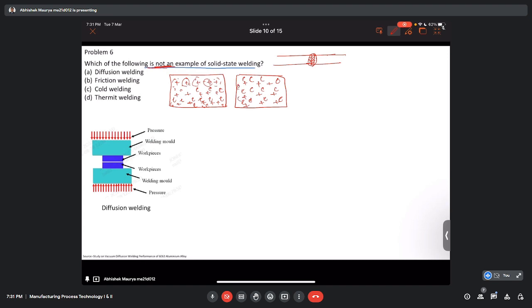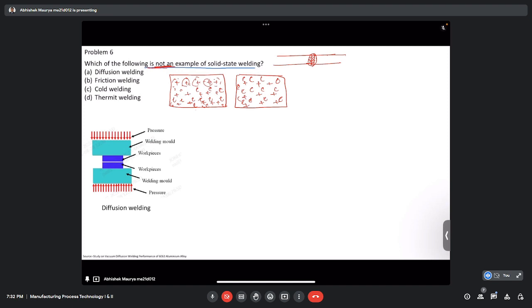These two blocks are independently held together by the atomic or electrostatic forces. But just imagine that somehow we bring these two surfaces together.